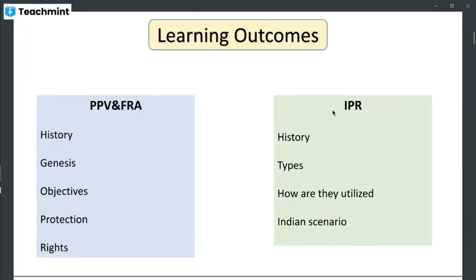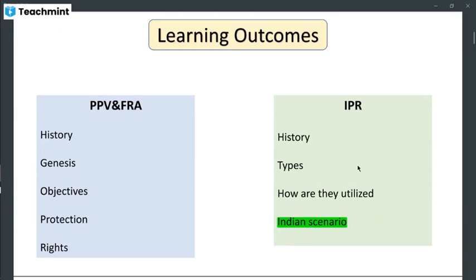In case of IPR, that is your intellectual property rights, we'll also look into the brief history and the different forms of protection, how they are being utilized around the globe, and what the Indian scenario is. We'll be focusing mostly on the Indian scenario in case of your IPR.